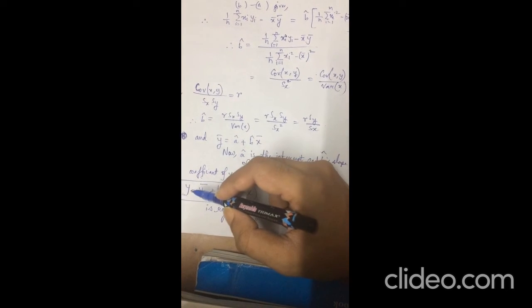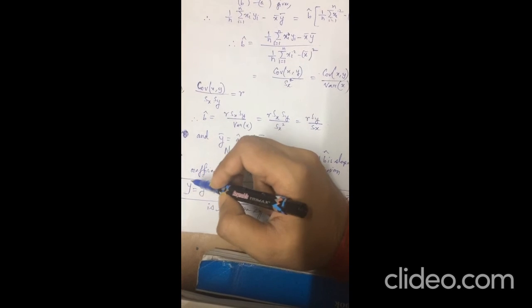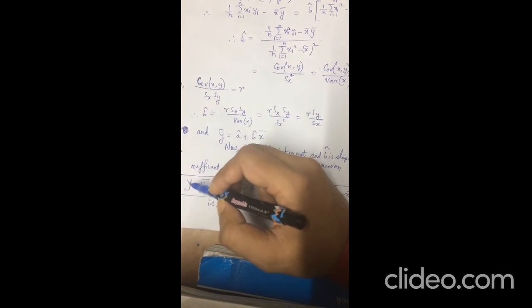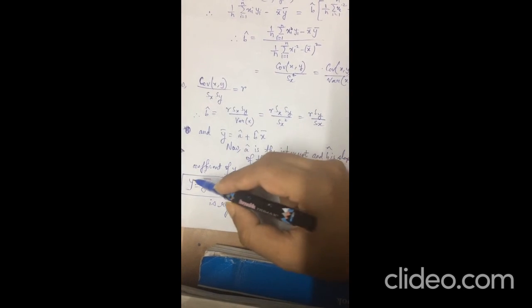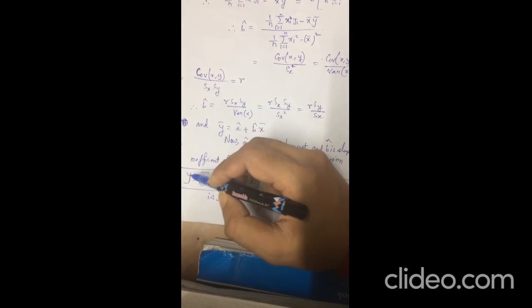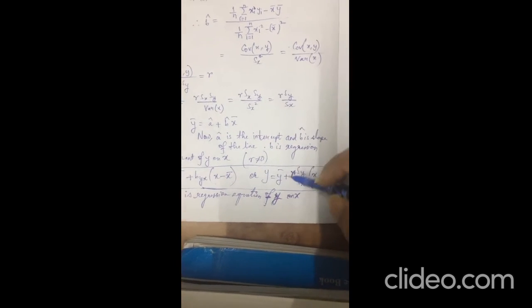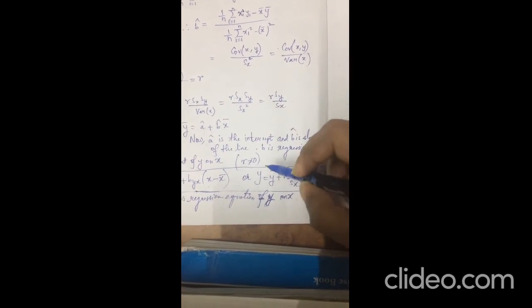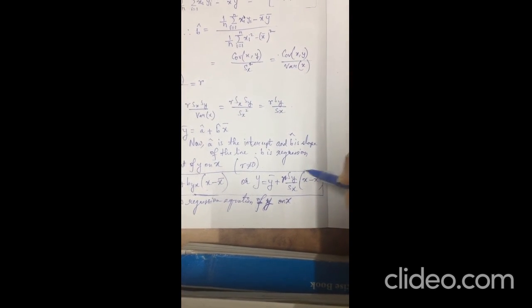This capital Y will give us that predicted value, just like at the beginning we were talking about, where we want the glucose concentration at a certain fermentation time. So this capital Y value will give us the predicted value of glucose concentration, and these will be the parameters. Or we can write this as y equal to y bar plus r into sy by sx into x minus x bar.